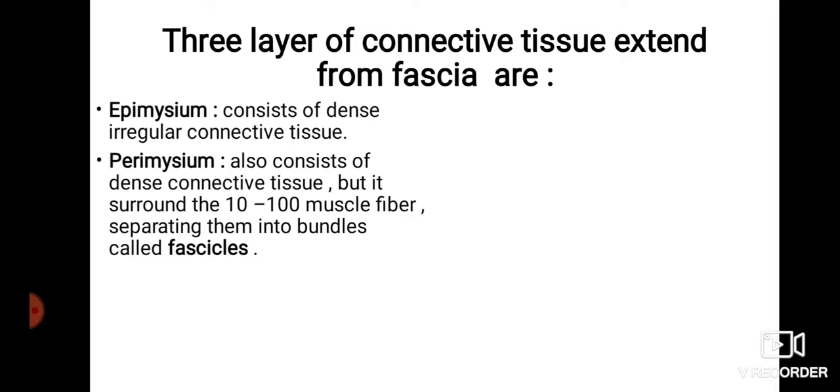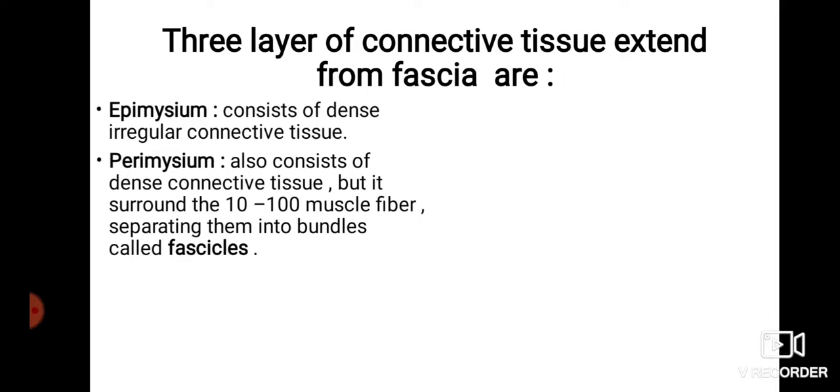The second one is the perimysium. It consists of dense irregular connective tissue, and it surrounds 10 to 100 muscle fibers and separates them from one another.